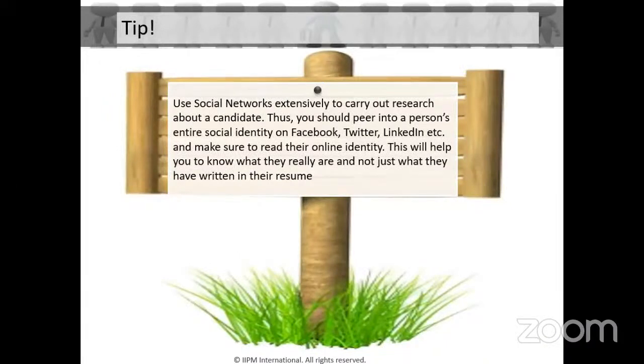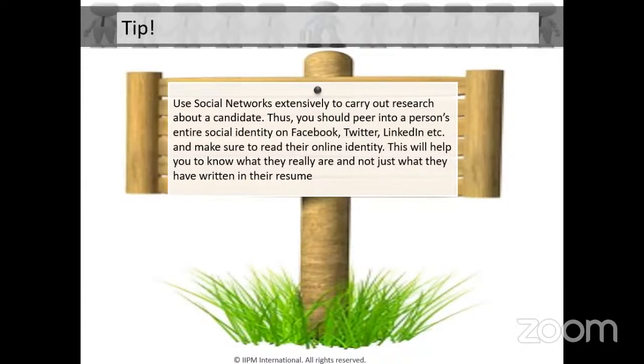As a human resource professional, it is advised that you use social networks extensively to carry out research about a candidate. First, you should peer into a person's entire social identity. See what they are saying on Facebook. See what they are doing on Twitter. See what they're doing on LinkedIn. If you do your proper research as a human resource professional, there are many negative surprises you will not have in your job.